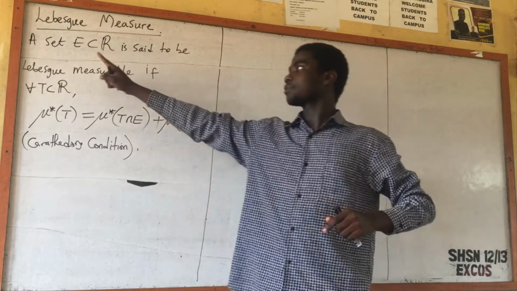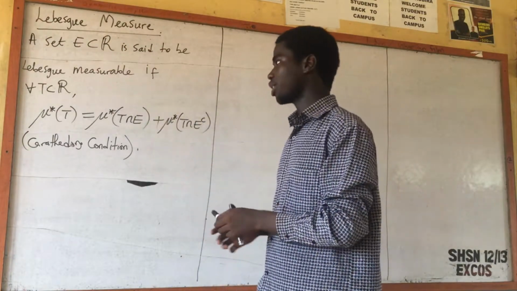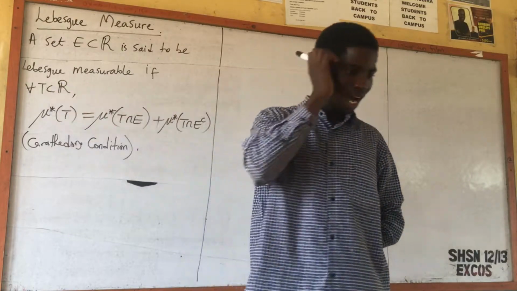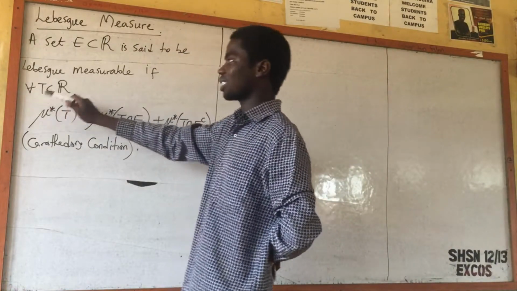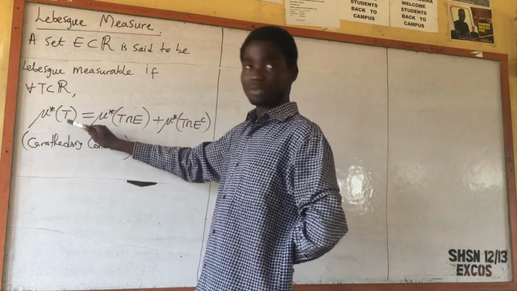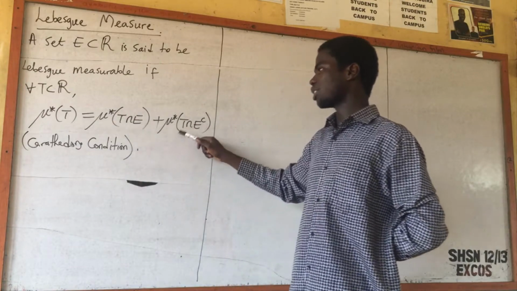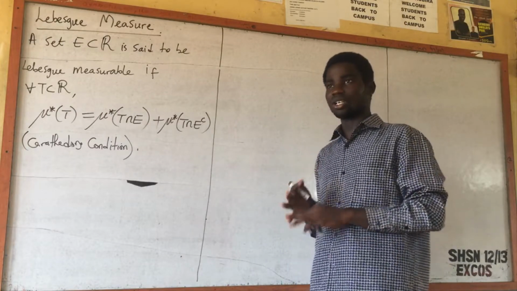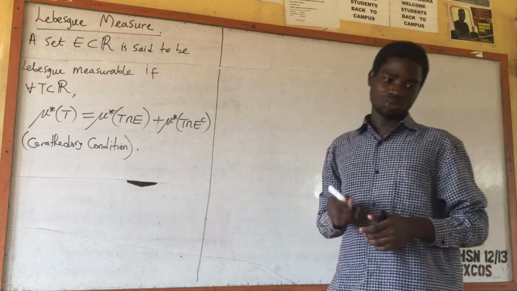So a set E is said to be measurable if for all T in R, the outer measure of T is equal to the outer measure of T intersection E plus the outer measure of T intersection E complement. Then the set is Lebesgue measurable.